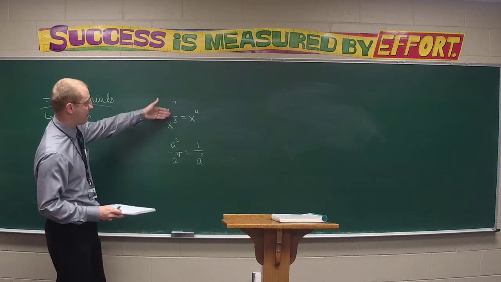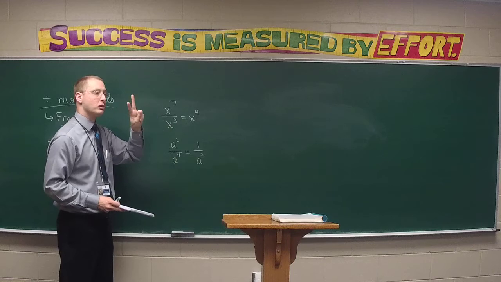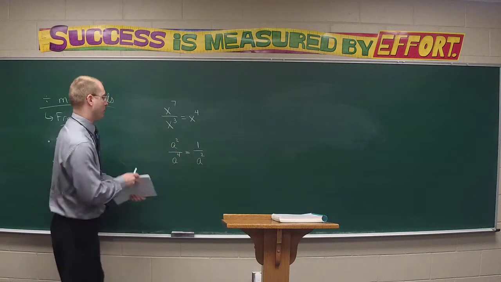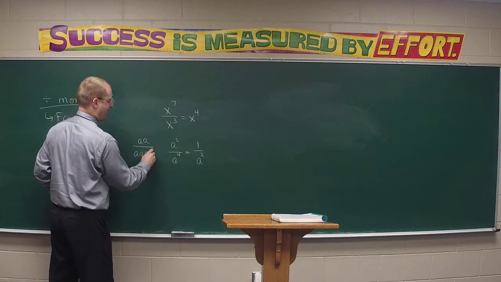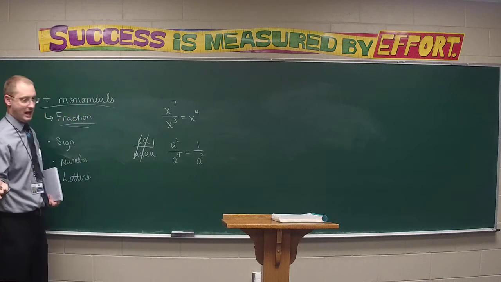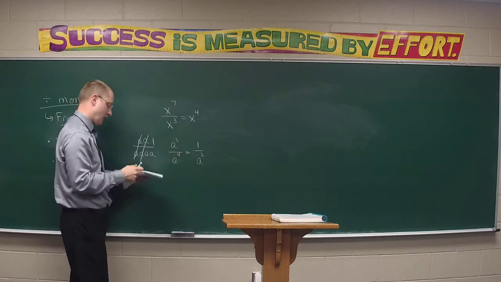Just as you said 7 minus 3 is 4, you say 4 minus 2 is 2. But where do you leave the answer? Not in the top, but in the bottom, where there were more. For instance, this is aa over aaaa, right? Cancel, cancel. You have 1 over aa, 1 over a squared. And that's perhaps the best way to think of it: leave it in the denominator.